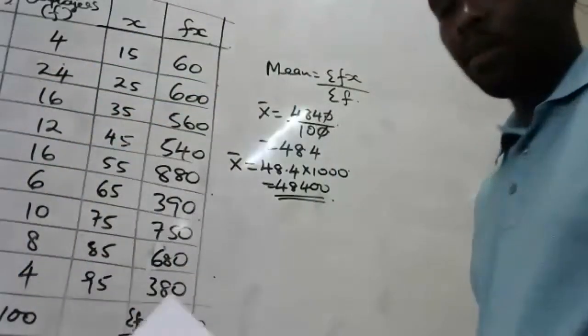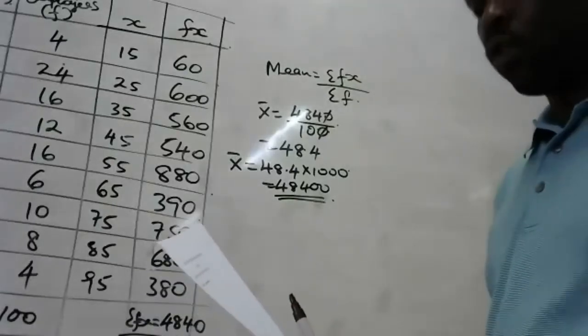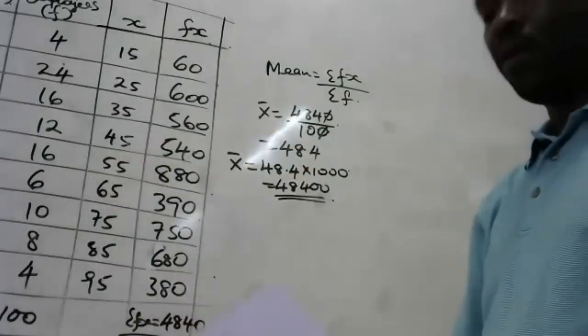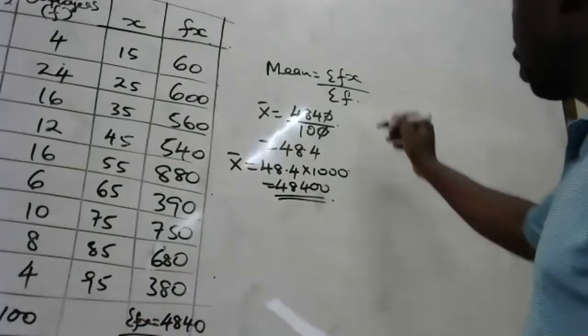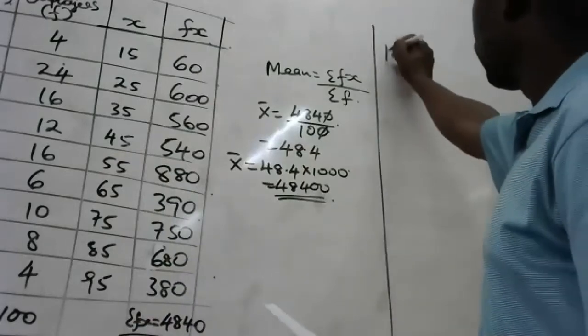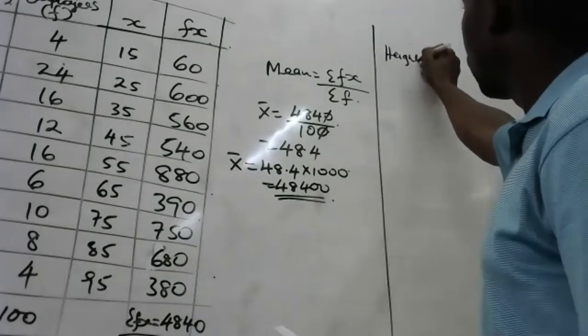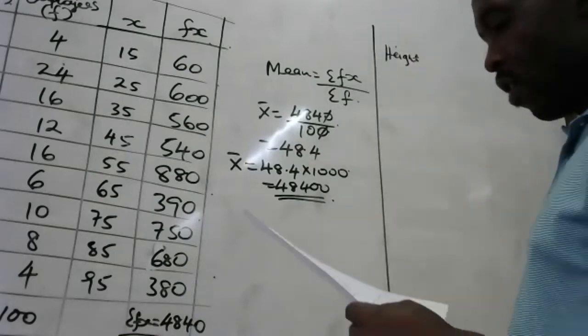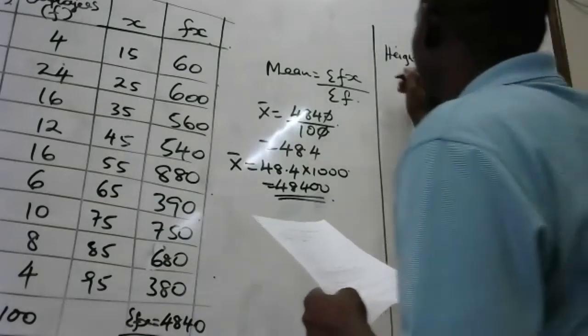Whenever you are given a table that is horizontal like that, you make it vertical. You arrange your values in a vertical form. So we have the height, and you record it downwards, 140.50.